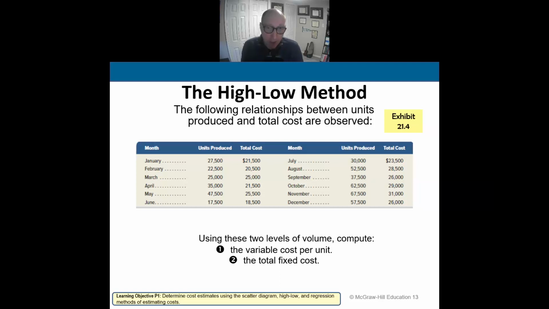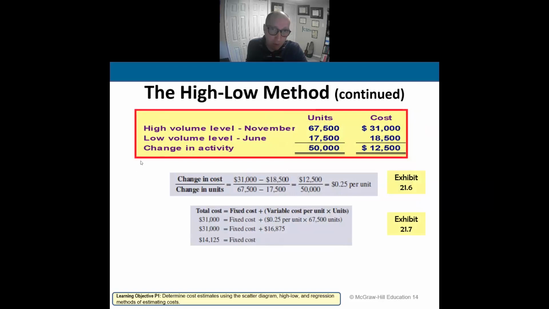So now I know the high is November and the low is June. Now we use a couple pieces of information: we look at variable cost per unit and total fixed cost. Let me show you what we do with this information.